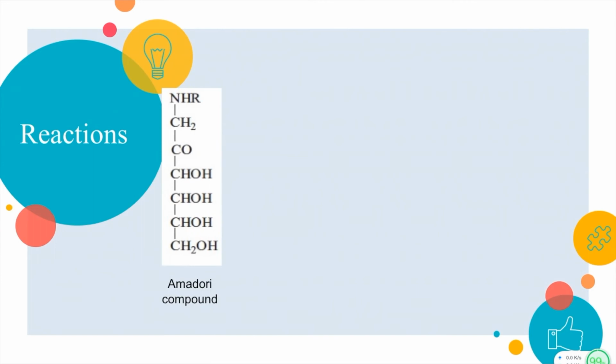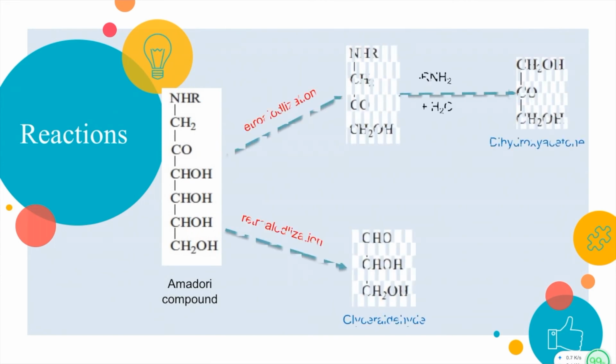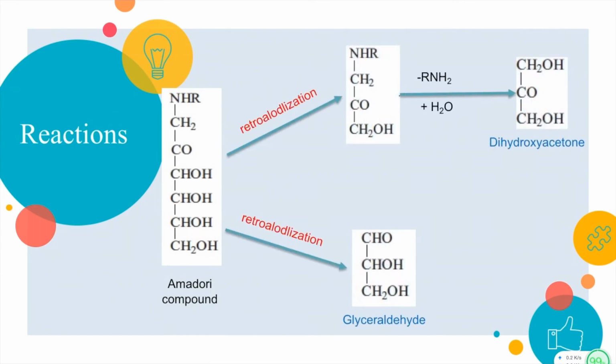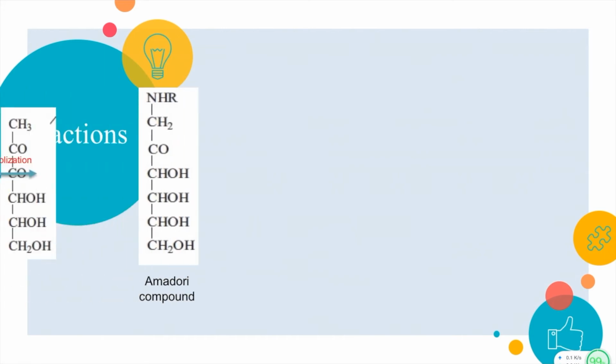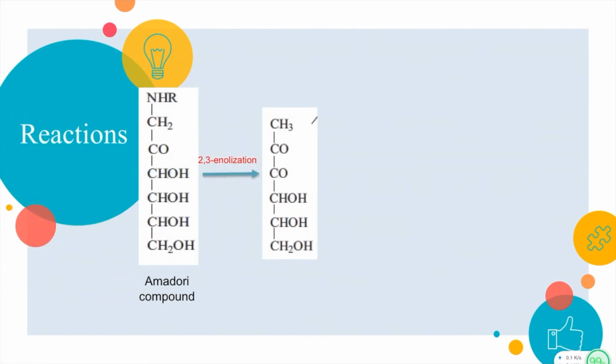Part 1. The Amadori compounds directly give dihydroxyacetone and glyceraldehyde through retro-aldolization and subsequent deamination. Part 2. The intermediate compounds can be formed by the 2,3-enolization of the Amadori compound.